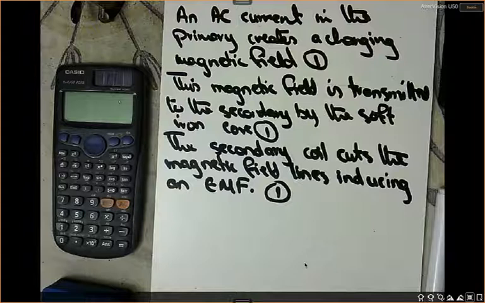Okay, it's all about voltage when you come and explain transformers. EMF is voltage. EMF is electromotive force. So a transformer changes a primary voltage into a secondary voltage. But how does it do that? That's the question when they say how a transformer works. This is the details behind how a transformer works.